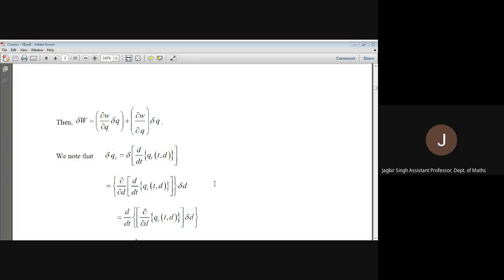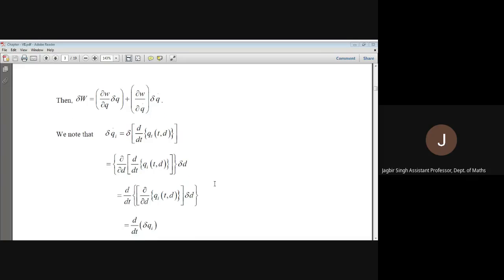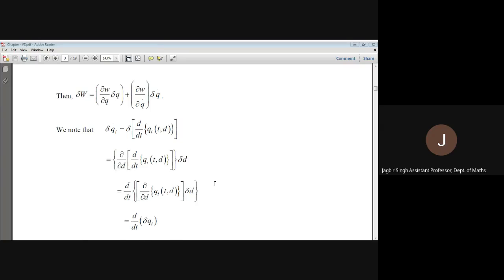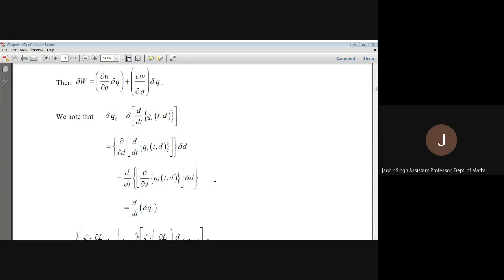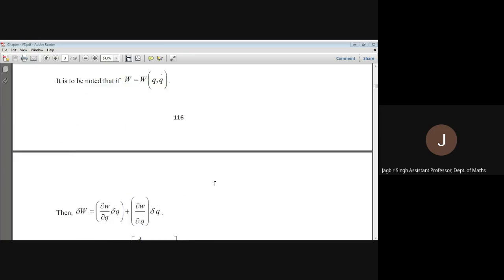So it is variation with respect to alpha. So partial derivative with respect to alpha, d by dt Qi t alpha delta alpha. And it will be d by dt, the partial derivative and the total derivative are interchanged. Curly by curly alpha Qi t alpha del alpha, which is d by dt of del Qi. So del Qi dot is d by dt of del Qi.